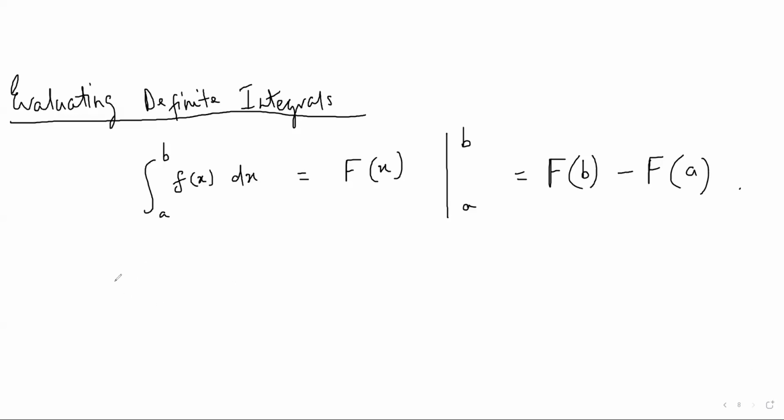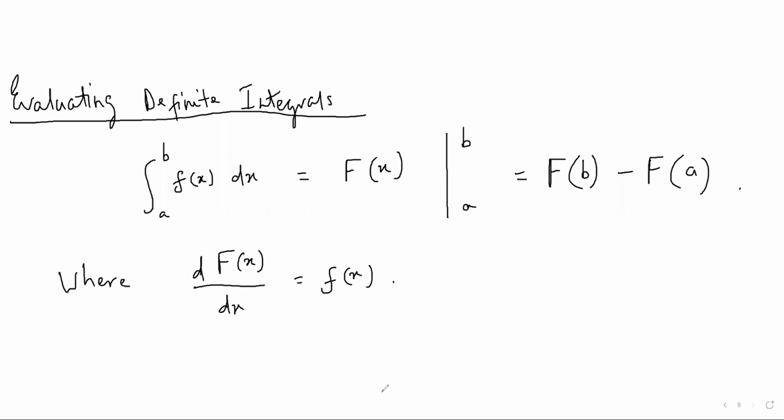As I said, the big F of x is basically the function that you differentiate to get f of x. So this is where the derivative of big F of x with respect to x is equal to small f of x. That's how this works.